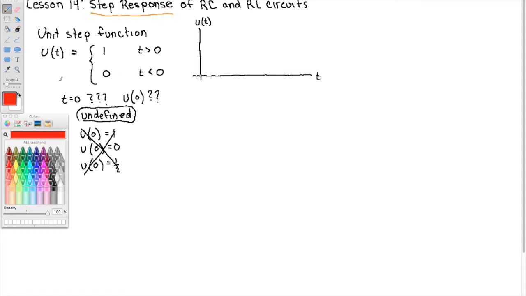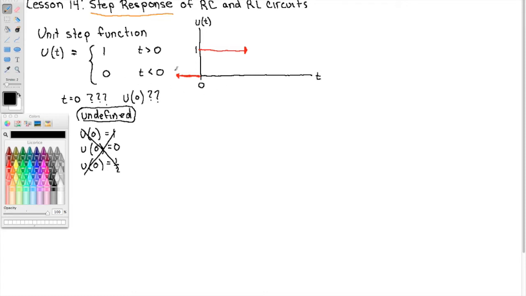So if here's the origin, t equals 0, then our unit step function is 0 right here for all values of time less than 0, and for all values of time greater than 0, the unit step function is 1. There's our function.